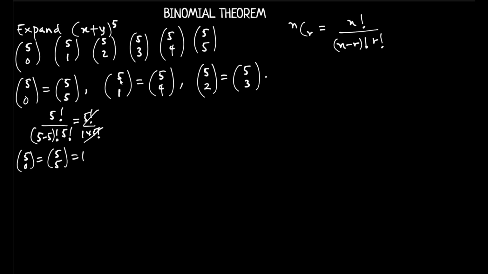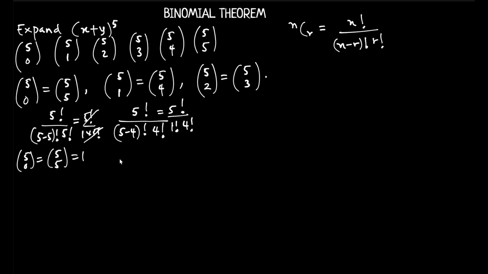Now if you do the same for 5 combination 1 equals 5 combination 4, you have 5 as an answer. So if you apply the same rule for 5 combination 4, you can pick 5 combination 1. It doesn't matter. You're going to get the same answer. We're going to have 5 factorial divided by 5 minus 4 factorial, 4 factorial. Now 5 factorial, let's retain that. 5 minus 4 factorial is 1 factorial, and this is 4 factorial.